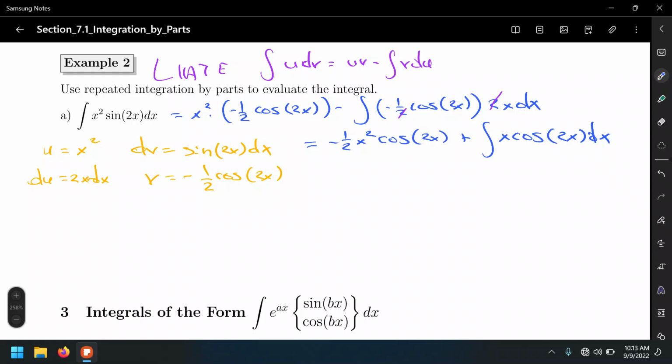Well, let's observe the integral right here. Any ideas on what to do with this integral? Can we use a u substitution like we did in the previous examples and just get the result for this? What would be a good move here? Yes. Another integration by parts, right? Because in this case we have the product of two functions, and yes, we can have the product of two functions like this.